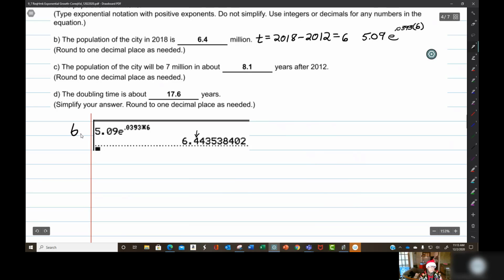So our answer for B is going to be 6.4 million. And if the model is valid and true, then the population will have been close to 6.4 million, one way or another, in 2018.